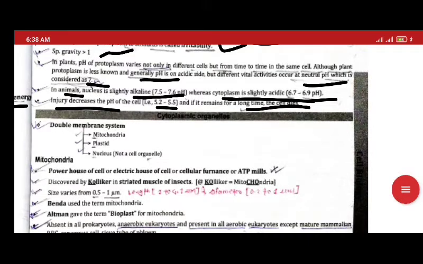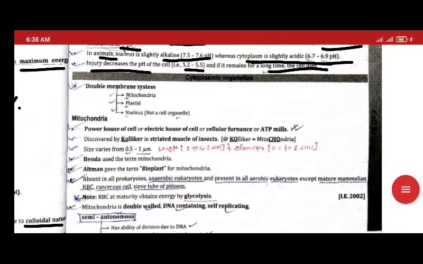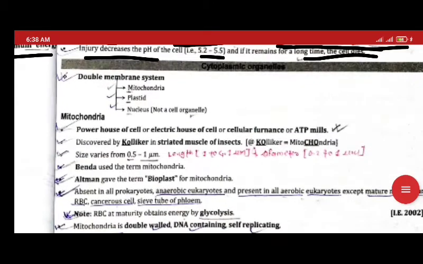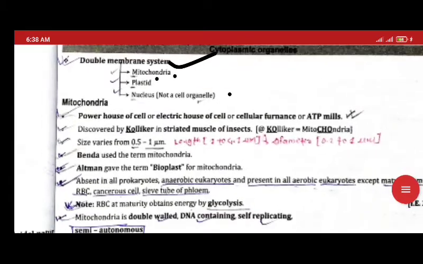Now cytoplasmic organelles. Here we have mitochondria. Double membrane structures include mitochondria, plastid and nucleus. In plastids, chloroplast comes. Now first is mitochondria, which is called what? Powerhouse of the cell or ATP mill.